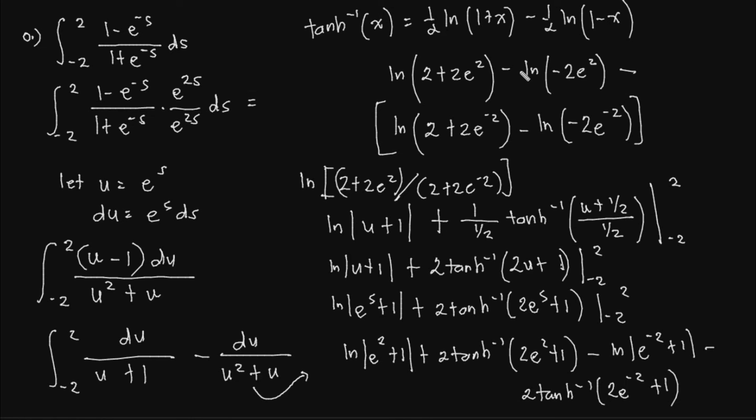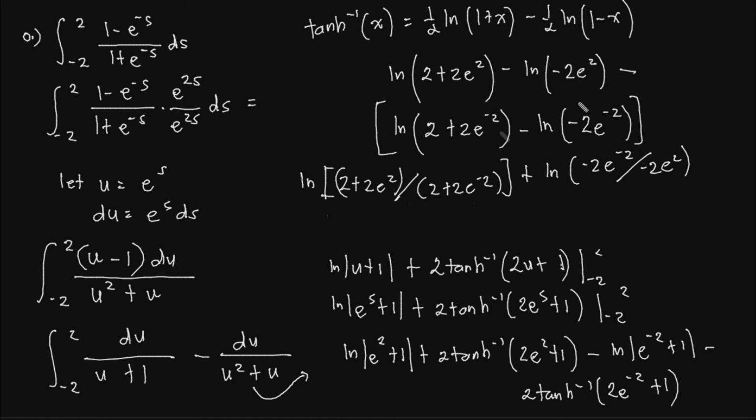Now, how about this one? So, kung ito is negative, this becomes positive na kasi minus minus. So, therefore, we have plus natural logarithm of negative 2e raised to negative 2 divided by negative 2e squared. So, if that's the case, then this expression, now you can actually evaluate this and the result is equal to 2. Okay, so 2 na yun, yung expression na yun.